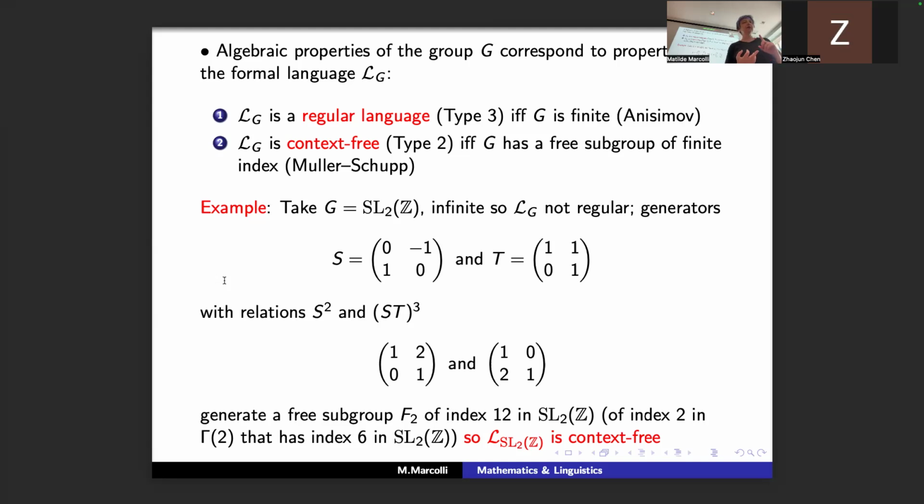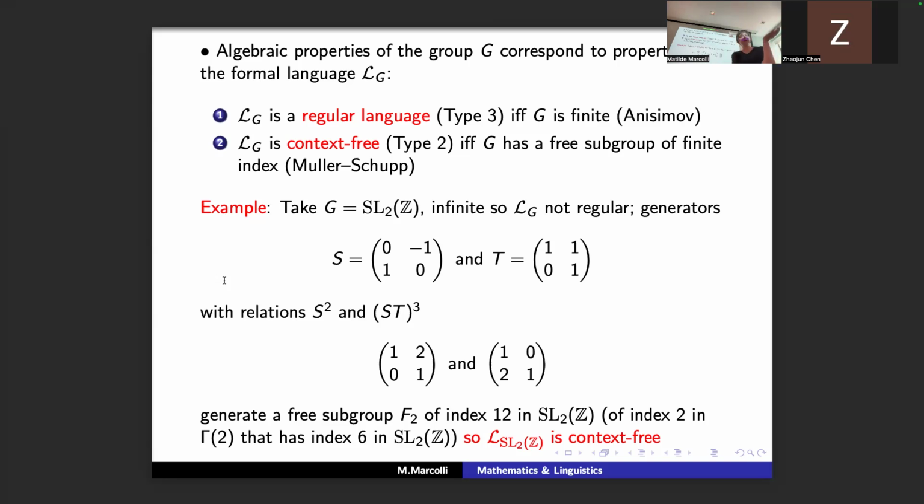And it is a context-free language if and only if the group has a free subgroup of finite index. So it's interesting that in this case, you can completely characterize when you are in the regular languages class or in the context-free class purely in terms of some algebraic properties of a group.